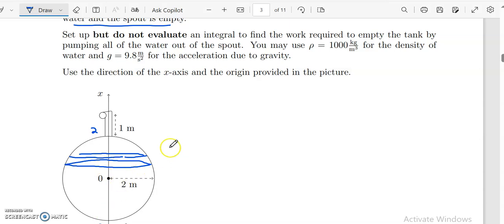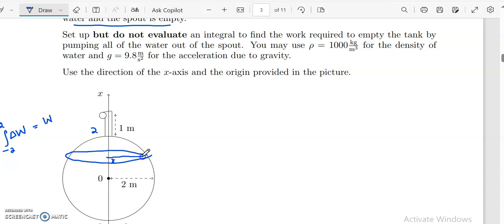So we'll find first what is delta W. So that is the work done to remove one slice of water. So upon integrating delta W from -2 to 2, we will get the total work done to empty the tank. So that is what we are going to do. So let us consider a point x here. So consider a slice of water at x.